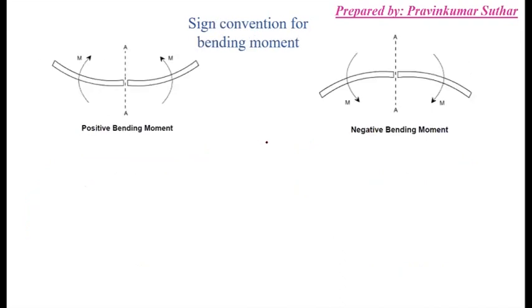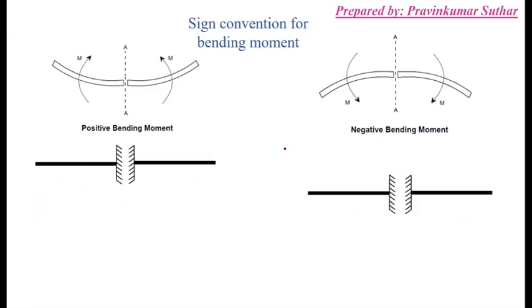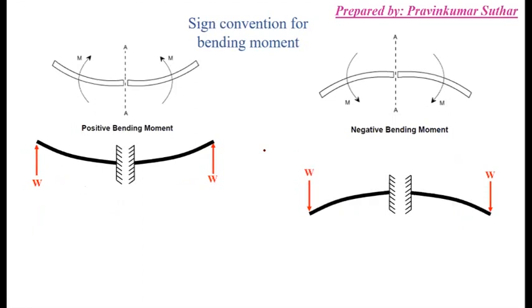Now we will talk about the sign convention for bending moment. This is a very simple sign convention. Just look at the diagram. What will be the shape after the bending? Bending may be like this. This is the best method to remember. This is simply sagging, and this is hogging.